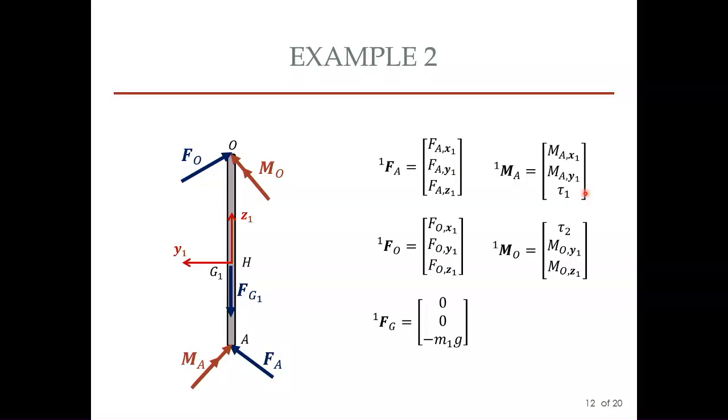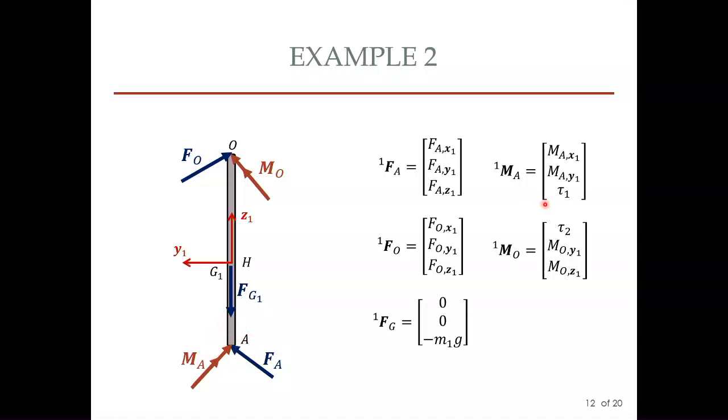This torque is something known in your system: how much torque the motor supplies over time. If there is no actuation here, then instead of this tau 1, I would put 0, as no moment reaction or no constraint moment is applied in the Z direction here, because this rotation is allowed.